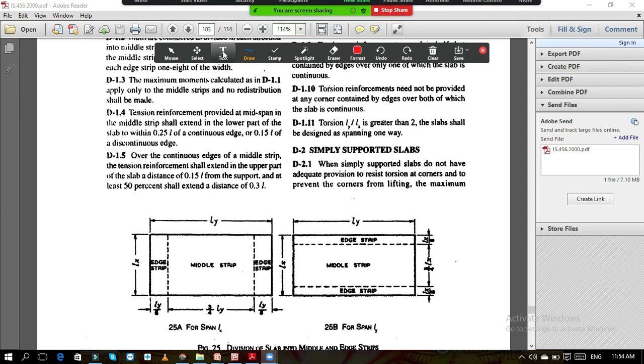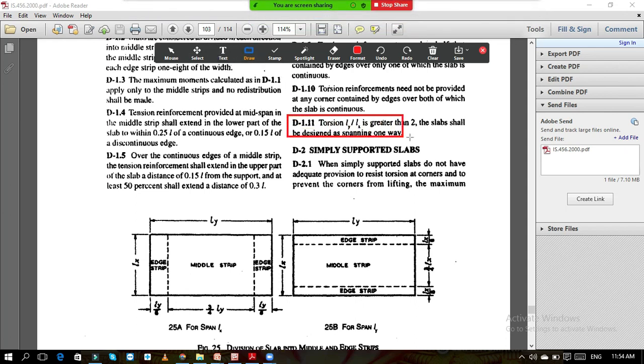What is given over here? You read this clause. IS code is allowed for you in the examination. If Ly by Lx is greater than 2, the slab shall be considered spanning one way. Okay, so we will design the slab as a one way slab.